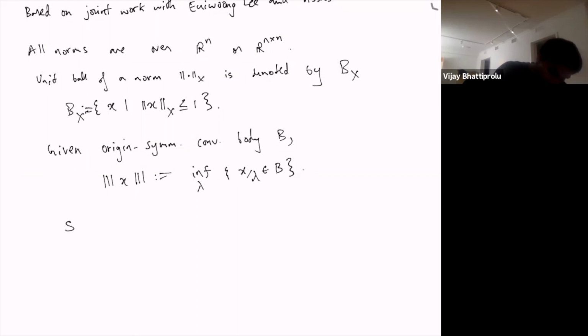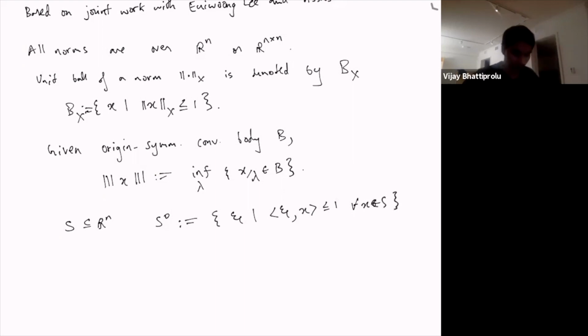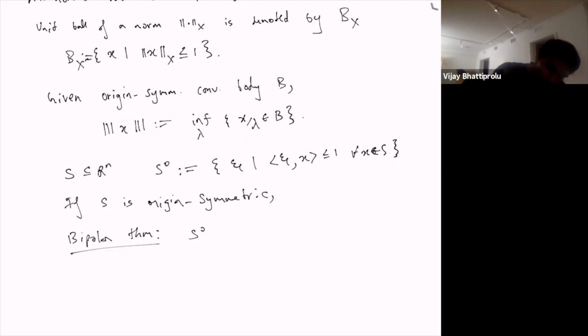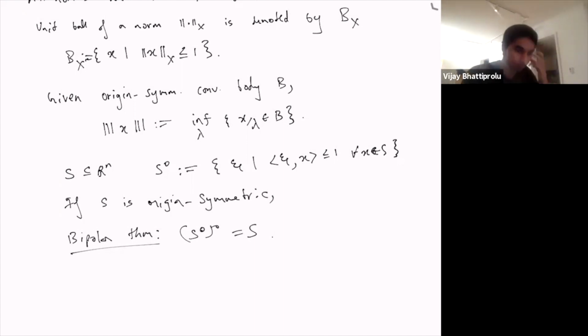So for a subset S of R^n, we define the polar, denoted by S circ, as the set of vectors xi such that the inner product of xi and x is at most 1 for all x in S. And the usual bipolar theorem for origin symmetric sets: if S is origin symmetric, the bipolar theorem states that S polar polar is equal to S. This is a simple consequence of the Hahn-Banach theorem.